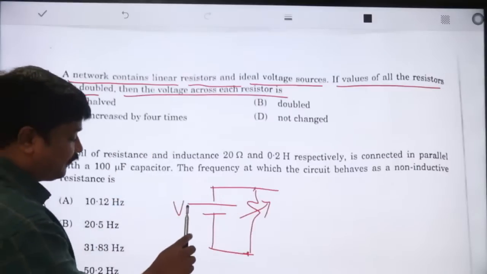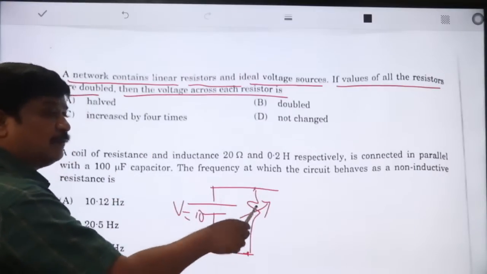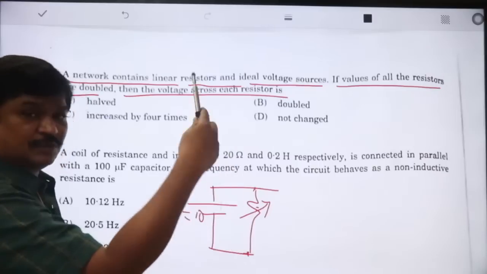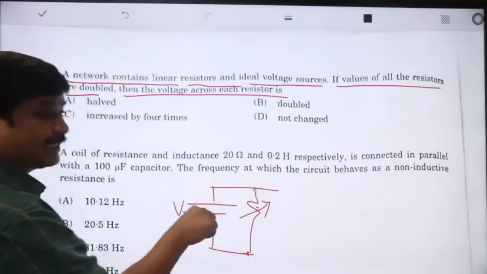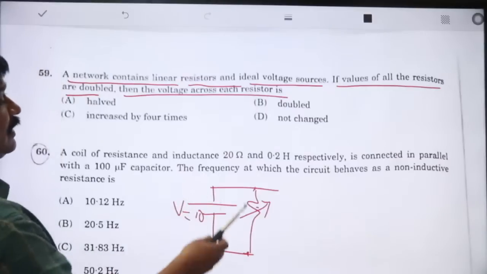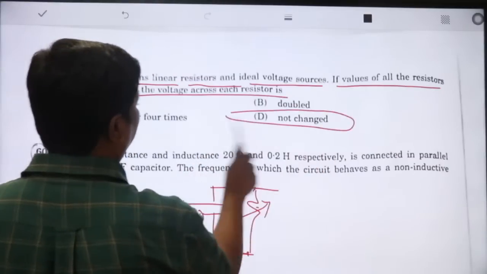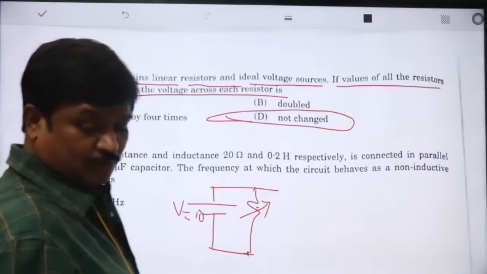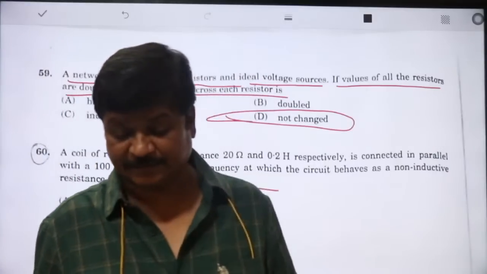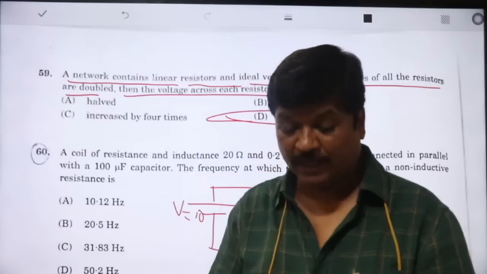If you have 10 volts here, whether it is 1 ohm or 10 ohms, the same voltage, because it is not a practical voltage source, it is an ideal voltage source. That's why the voltage will not change. Are you okay?